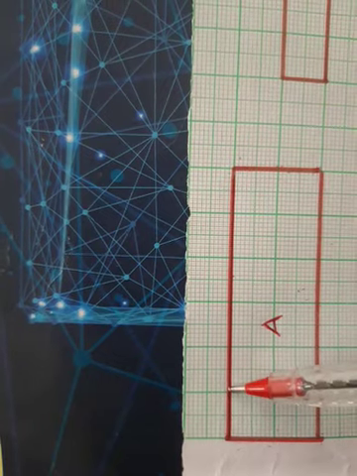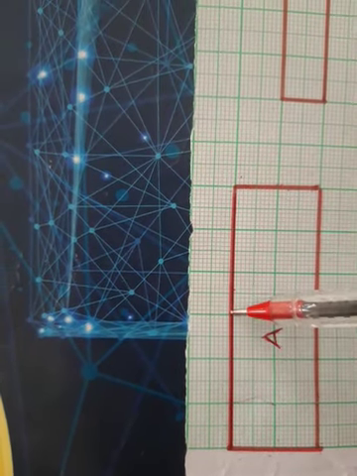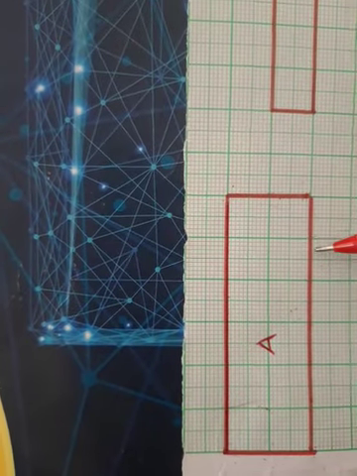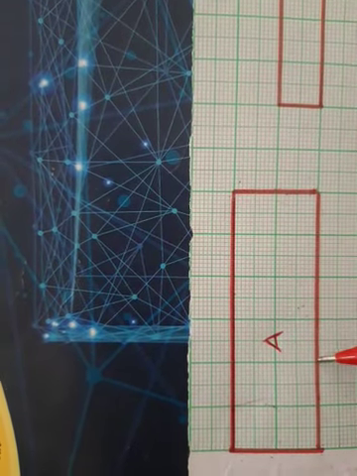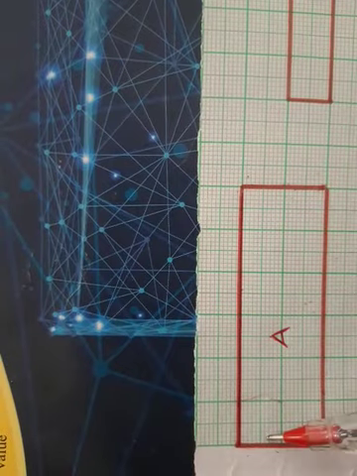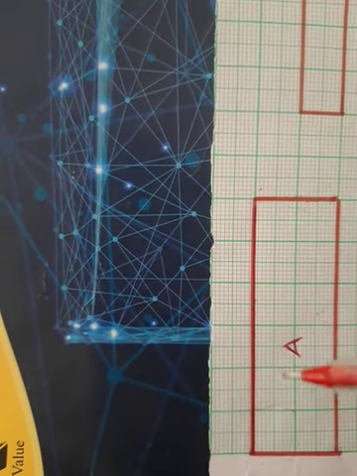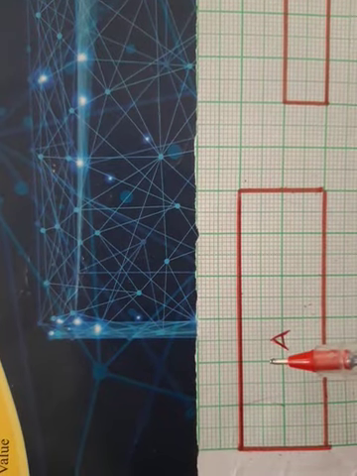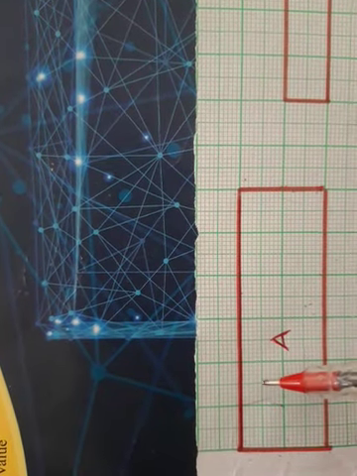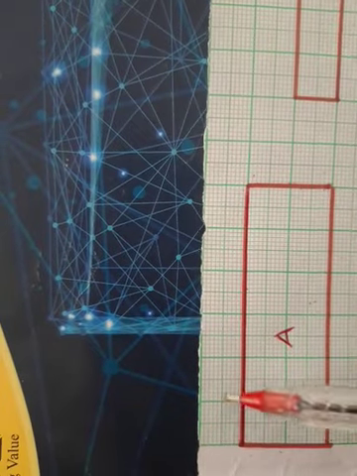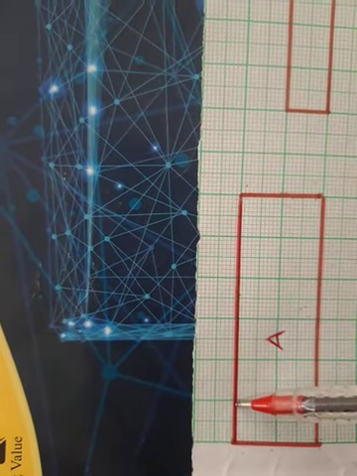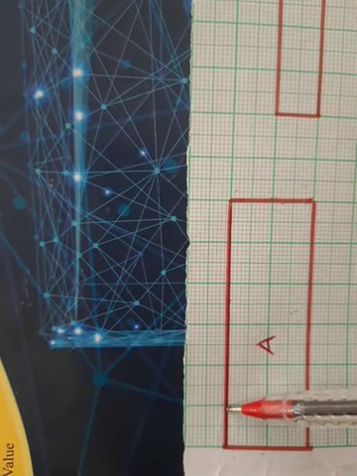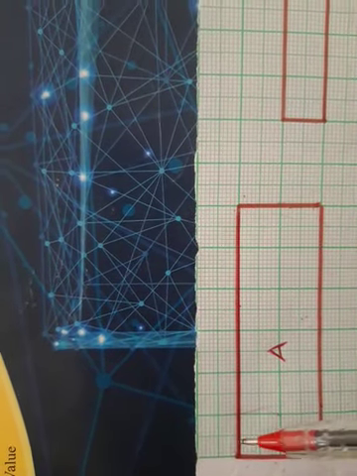1 centimeter, 2 centimeter, 3, 4, 5, 6, 7, 8, 9, 10, 11, 12, 13, 14, 15, 16. The total length of this boundary is equal to 16 centimeter, because in a graph paper the side of a square is equal to 1 centimeter.